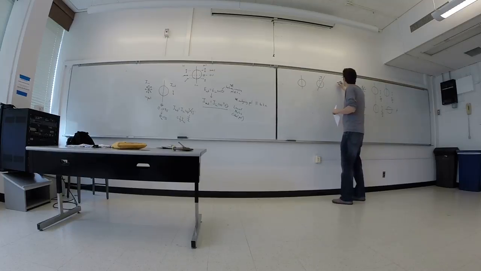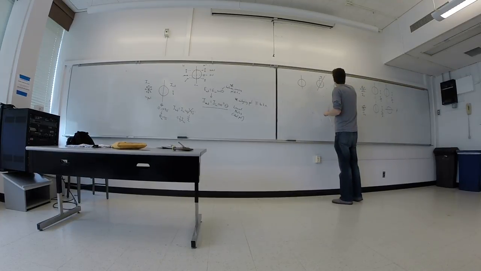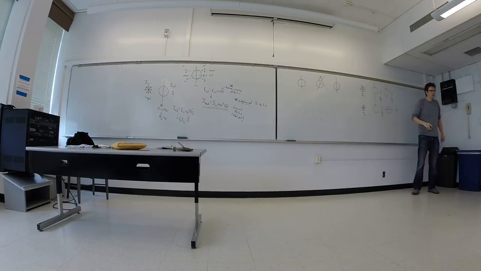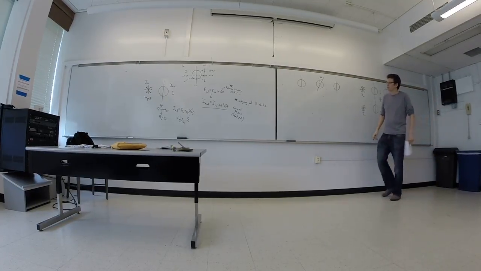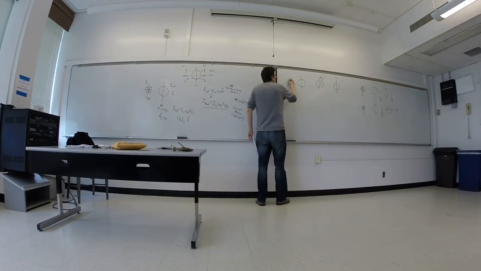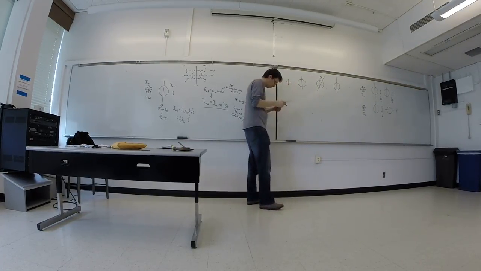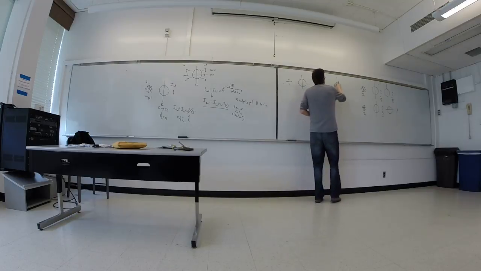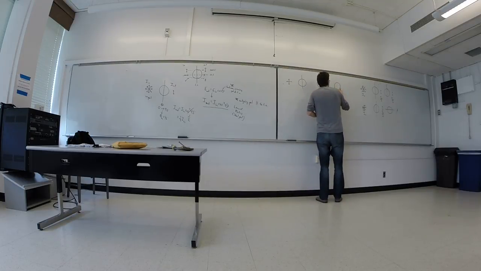And then let me put the next one like this. So I have 3 different polarizers. Actually, do I want to do that? Let's not do that. Let's have the last one be horizontal.